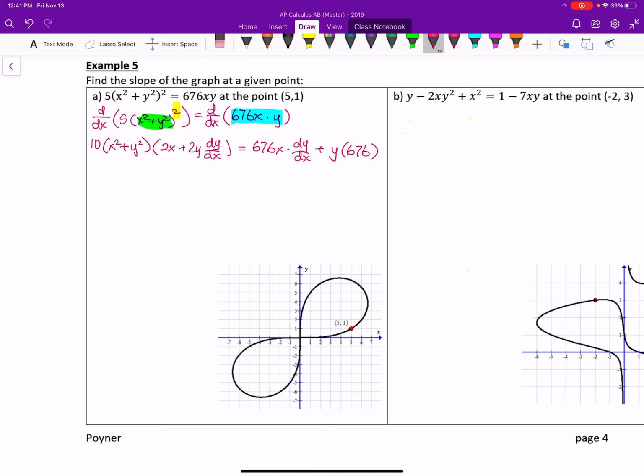I'm going to do a little algebraic manipulation here. I'm going to multiply through by 10 times x squared plus y squared, and then distribute the 10 to both of the terms in the second binomial over here.